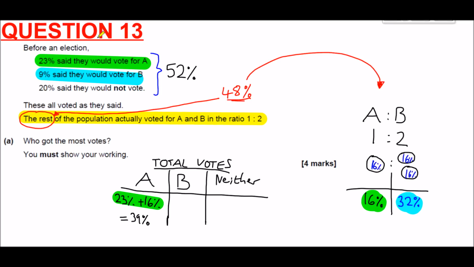So that initial 9% plus this other 32%, that would come to a total of 41%. So 41% of people voted for B. And that comes to 80%, so 20% is left, which is no surprise because it says here that 20% of people said they would not vote.